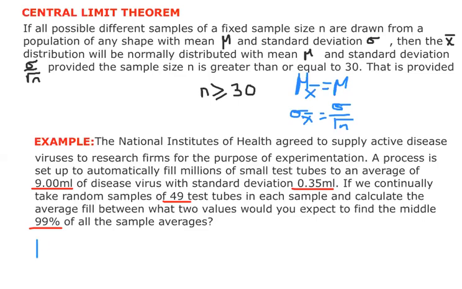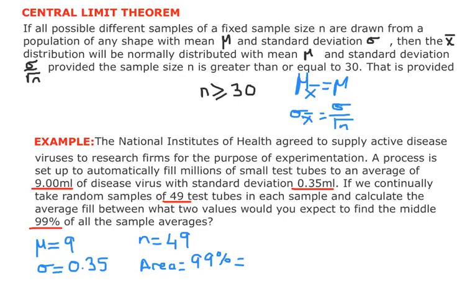Sample average is equal to 9, standard deviation is 0.35, and n is 49, and the area is given to us, which is 99%, or equal to 0.99. So if we have 49 test tubes, therefore we can use the central limit theorem.